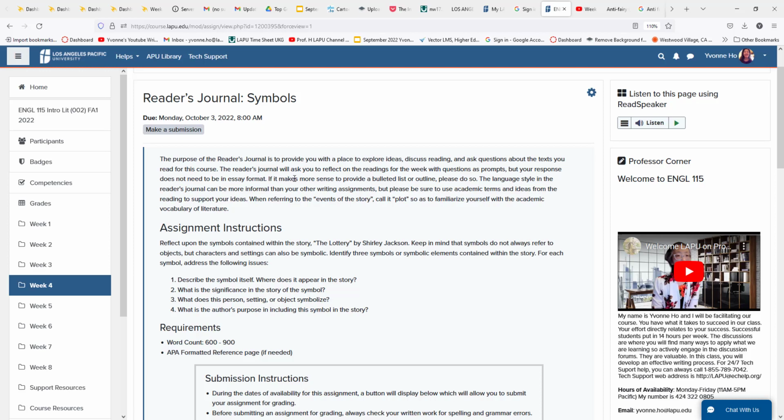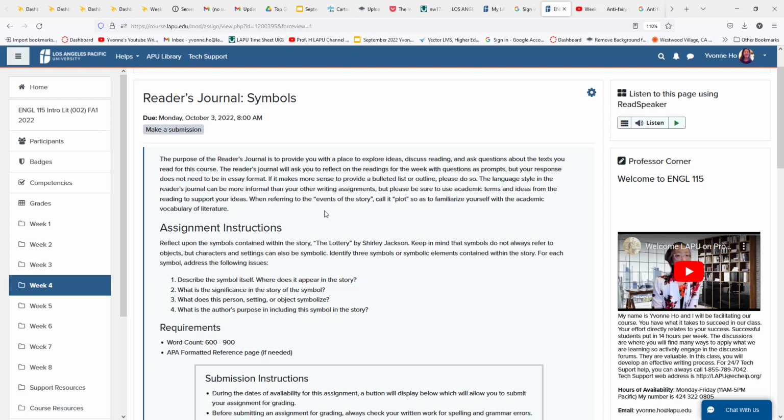The reader's journal will ask you to reflect on the readings for the week with questions as prompts, but your response does not need to be in essay format. You can use a bulleted list or an outline. The language style in the reader's journal is much more informal than your other reading assignments.